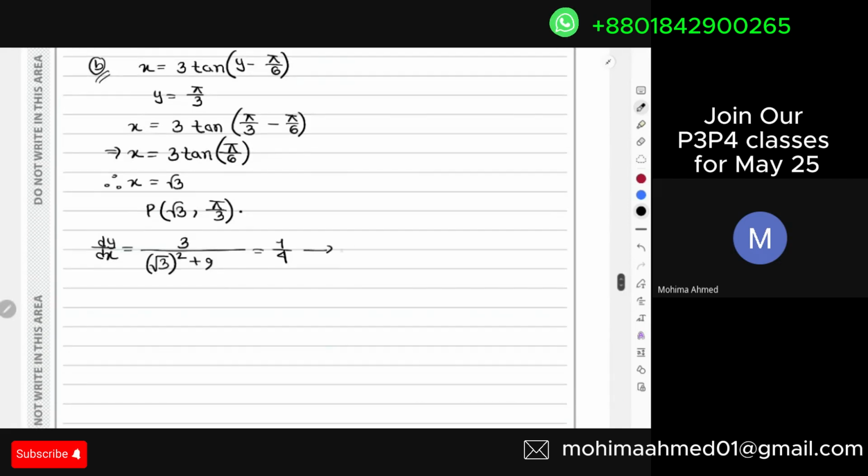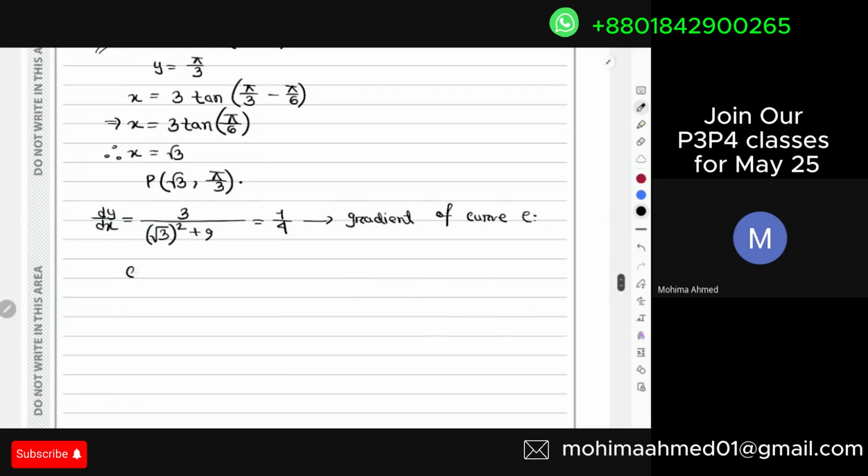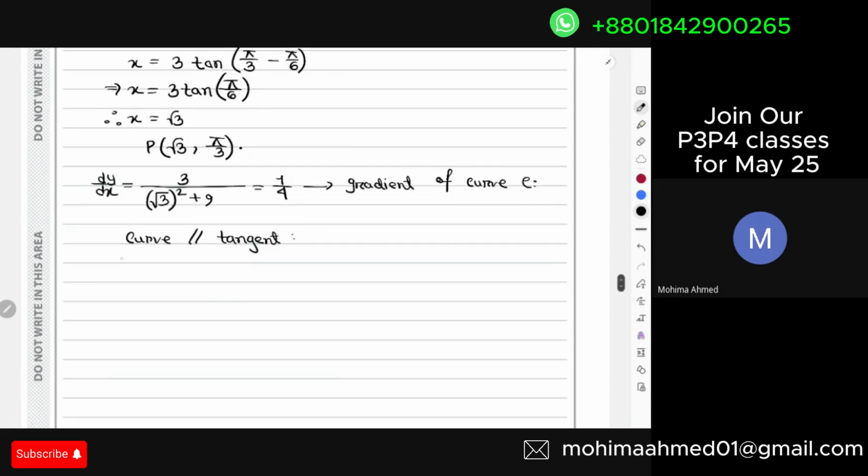Again, this is the gradient of curve C, by the way. And we now have to write that the curve and tangent have the same gradient at P. So from there, the gradient of your tangent is going to be 1 by 4 again.